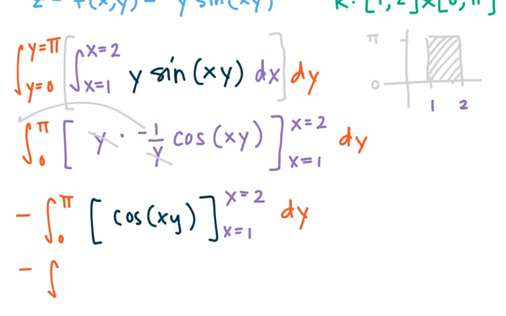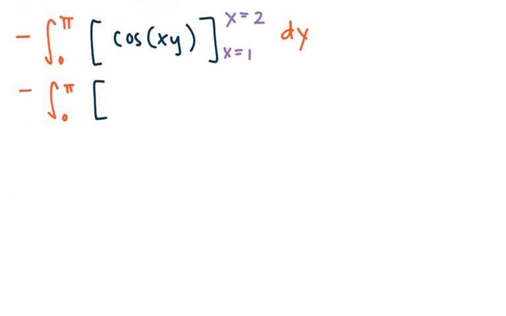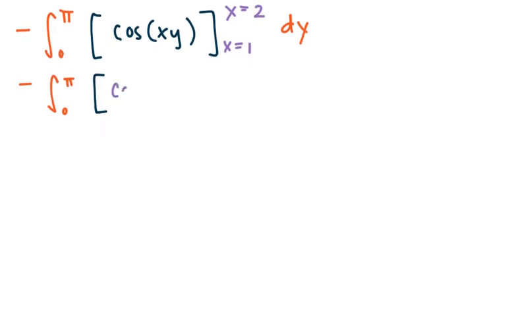Now what I have in here, negative integral from 0 to pi, leaves me with cosine 2y minus cosine 1y, or just y. The 2 and 1 both went in for x.